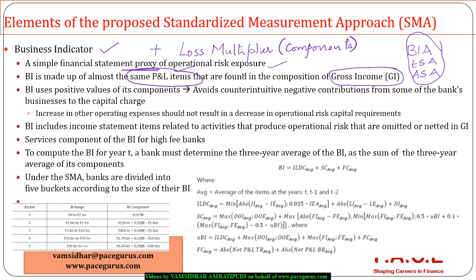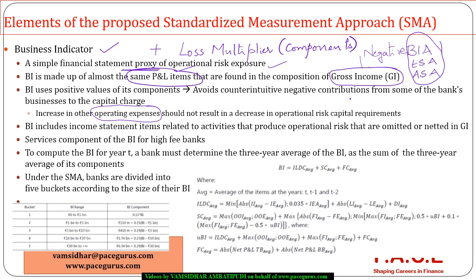But in gross income, even the negative components are considered. One major thing is that if the operating expenses increased, it was an indicator that the overall operational risk was going down.